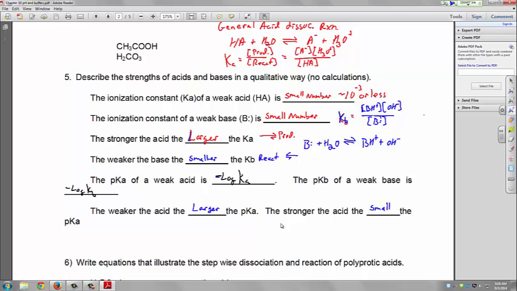So they're kind of opposites, the Ka and the pKa in that sense. And the reason for that is this negative sign. Right? It's not just a log, it's a negative log. So if we had a Ka on the order of 10 to the negative fifth, pKa isn't negative 5, but the opposite, the negative of a negative 5, so it's a positive 5.